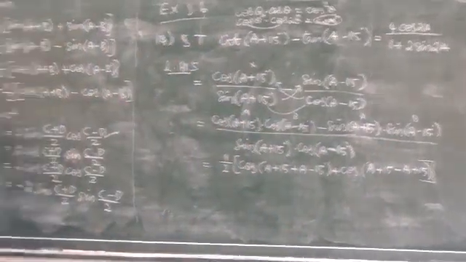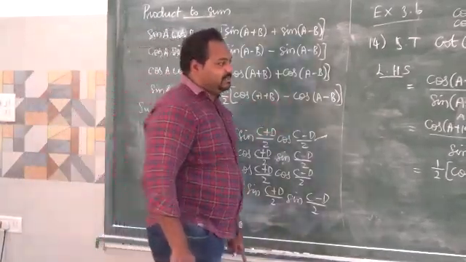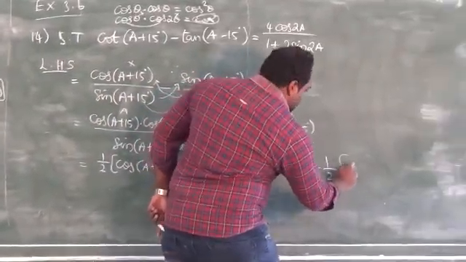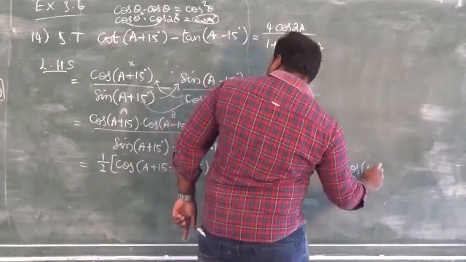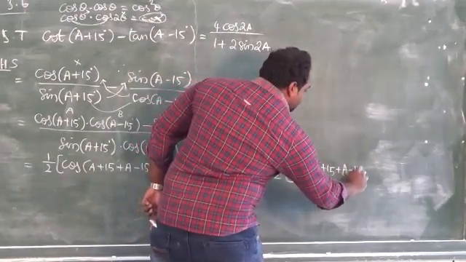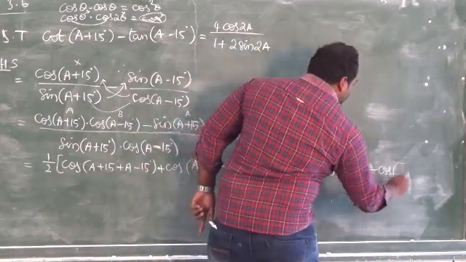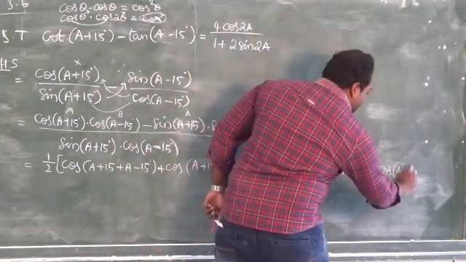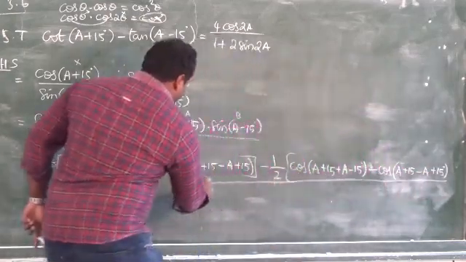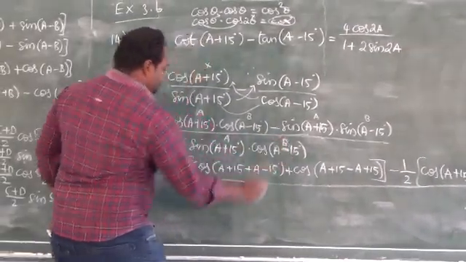Next is sin A, sin B. Here sin A sin B is minus 1 by 2 cos A plus B minus cos A minus B. So minus 1 by 2 cos A plus B, A plus 15 plus A minus 15, minus cos of A minus B, A plus 15 minus A plus 15, whole divided by the sin A cos B formula.